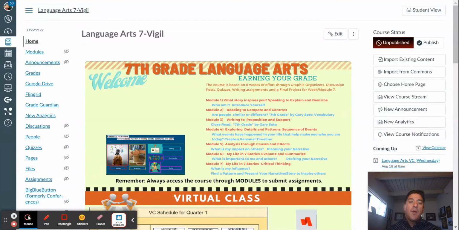During Module 2, we'll be going through some short stories, reading the short story Seventh Grade by Gary Soto. During Module 4, we're going to be analyzing the events that have happened in your life and creating a personal timeline. From there, we'll continue to analyze the causes and effects and recognize our impact on other people.